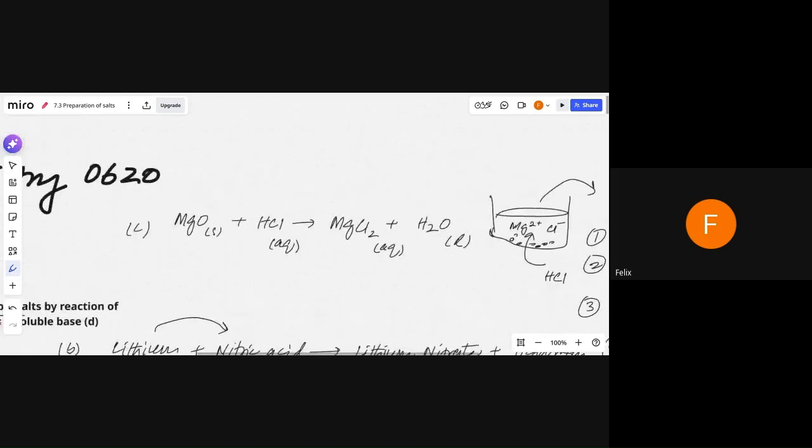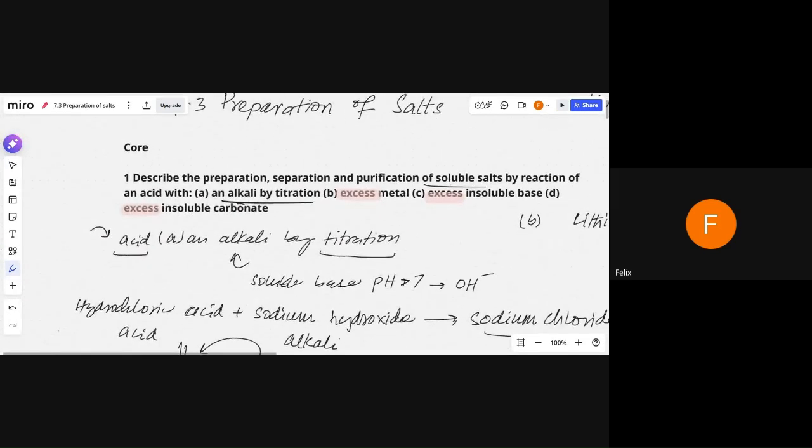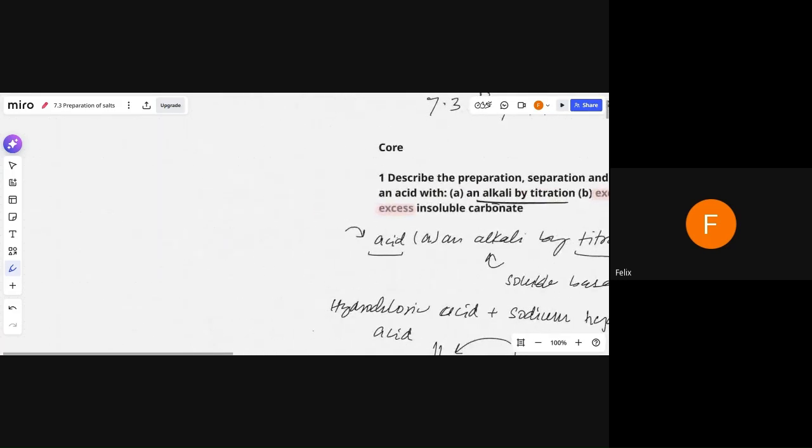And now we move on to the fourth one, insoluble carbonate. Metal carbonates are also classified as bases, because their solutions yield a pH greater than 7.